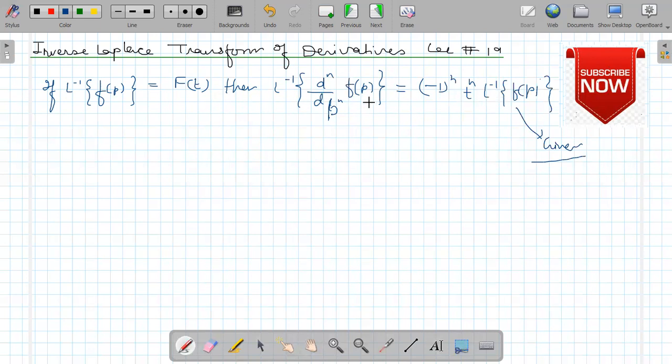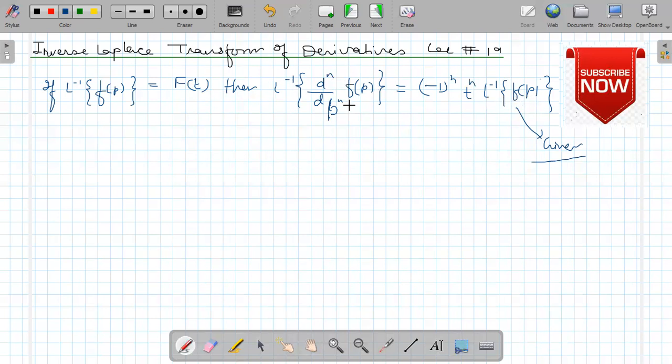So you can put the derivative here of that function and then take the Laplace inverse of that function and just take these two things here. You will have the Laplace inverse of F(p). So this is the relationship between the nth derivative of a function of p and the simple Laplace inverse of F(p).